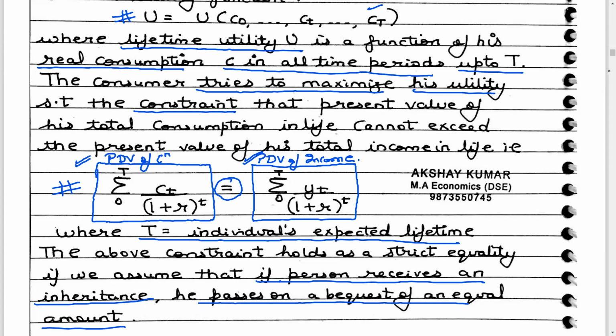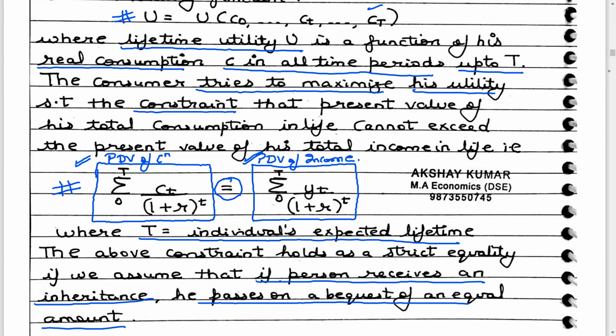If there was a possibility of consuming from the inheritance, present discounted value of consumption would have been more than the present discounted value of income. But the underlying assumption in this model is that whatever a person inherits, he passes on the bequest of the same amount for the coming generation.